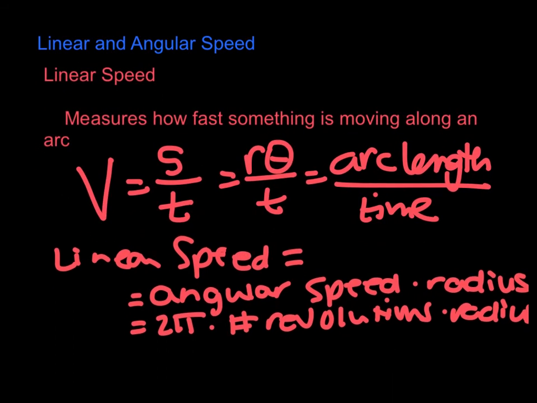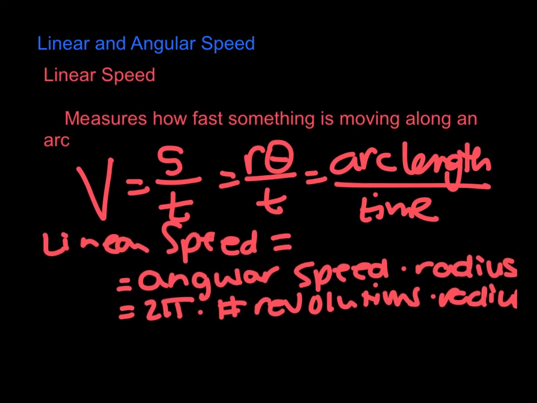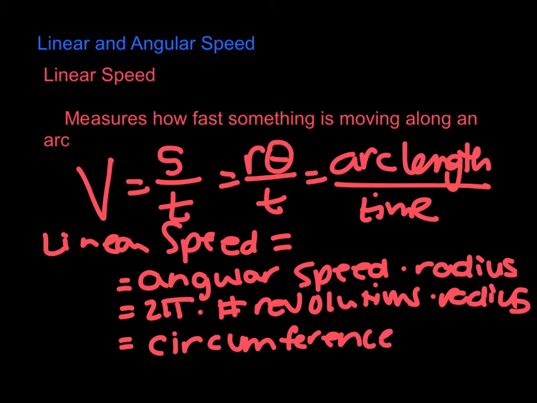Or 2 pi times your radius is your circumference, times your number of revolutions. So depending on what kind of information you're given, all of those things basically are linear speed.